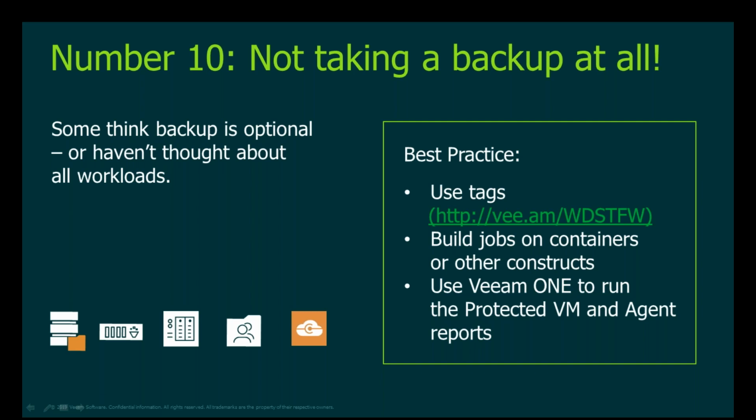And a simple piece of advice is really to build your backup jobs on containers or other constructs, something like a vSphere tag. Same for System Center, by the way. But the thought here is that in my environment, I have 4 tags. I have something called Tier 1 4-hour, Tier 1 12-hour, Tier 2 24-hour, and Tier 3 7 days.